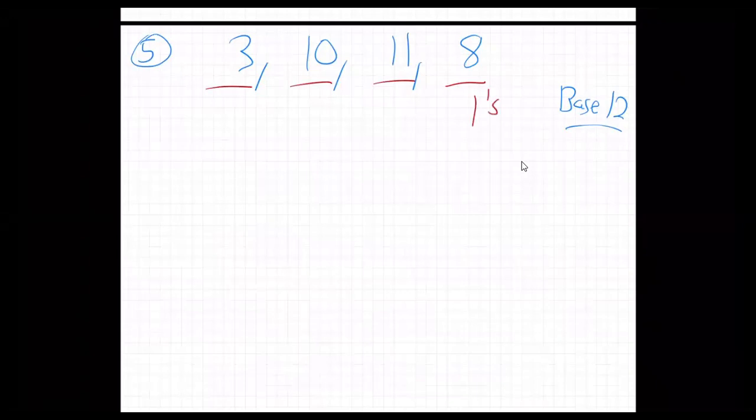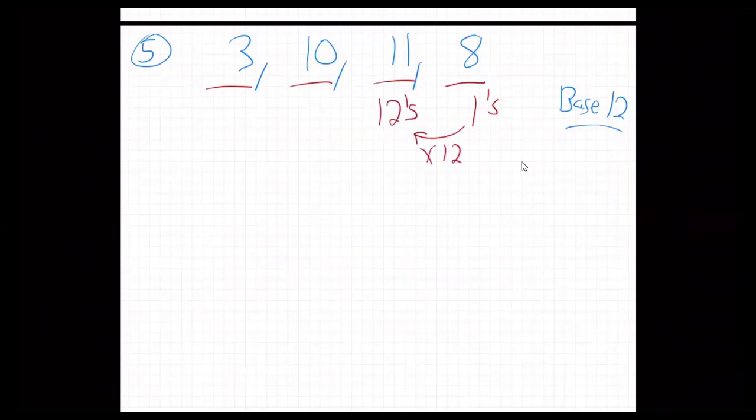This is the 1's place, like it is in every system, including the Mayan. Every place value system. The Romans didn't have a place value system, right? But the Mayans did. They started with the 1's place. So start with the ones place, and then I'm going to multiply by 12.